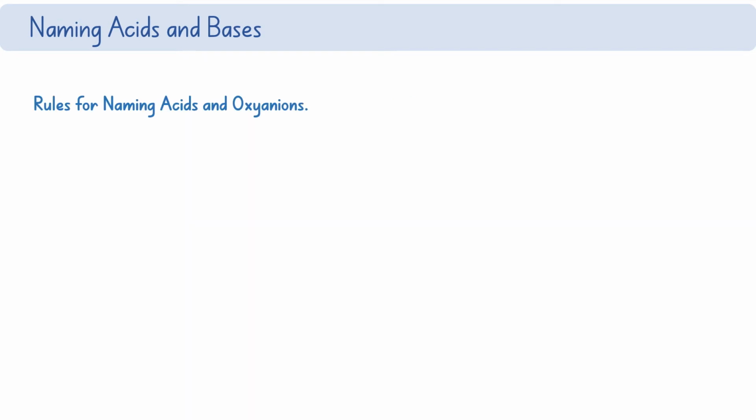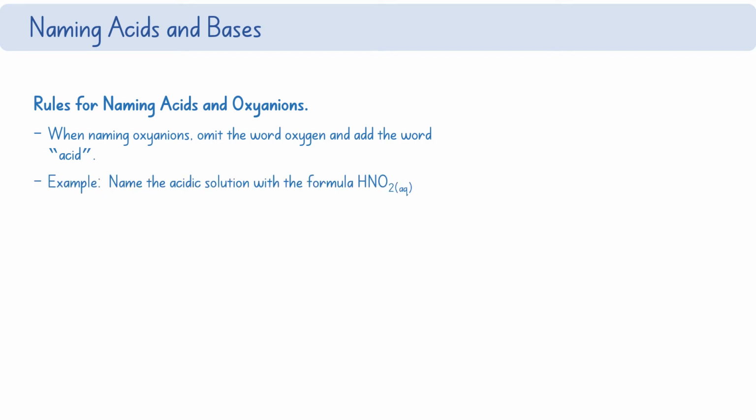Now, what are the rules for naming acids and oxyanions? When naming oxyanions, omit the word oxygen and add the word acid. For example, name the acidic solution with the formula HNO2 aqueous. Consider the IUPAC name, see Table 3 from a previous video, hydrogen nitrite.